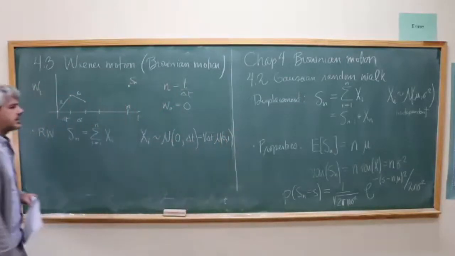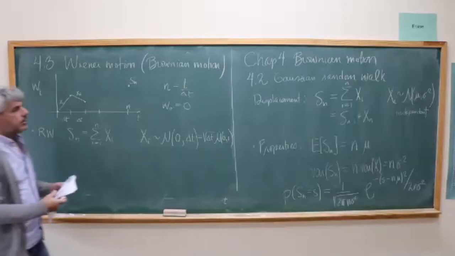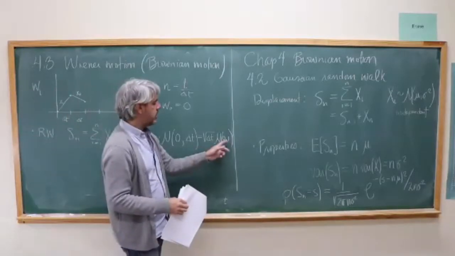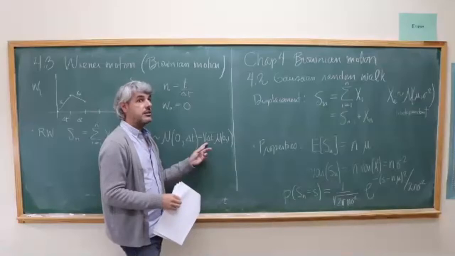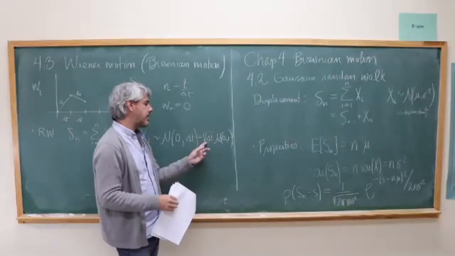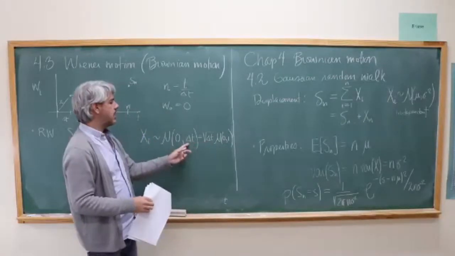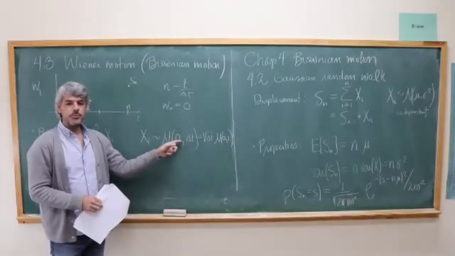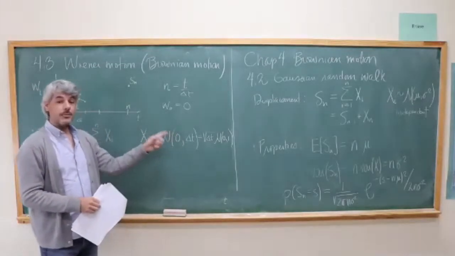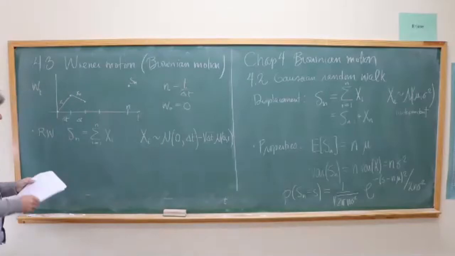You can check this: if you multiply a Gaussian with mean 0 and variance 1 by some constant, then the Gaussian has the variance as the constant squared. So if I multiply by square root delta t, the variance now becomes delta t. This is actually a recipe for building Brownian motion, and we'll see why I'm doing this in a second.